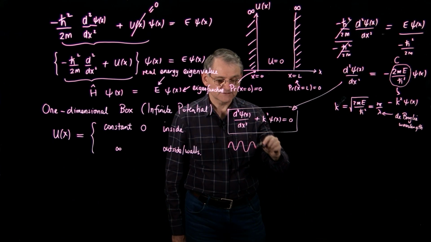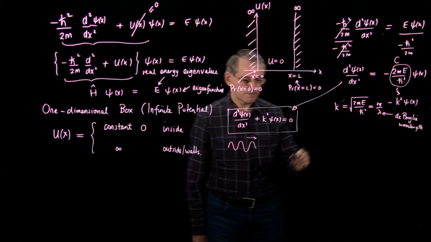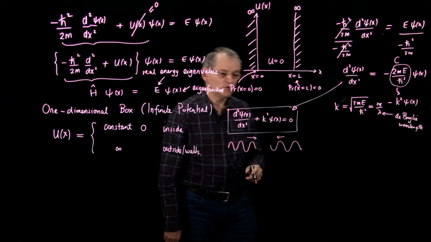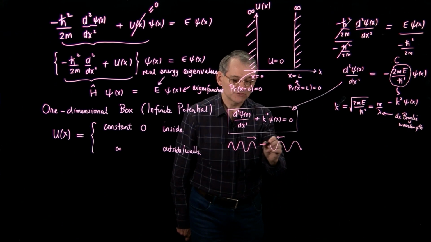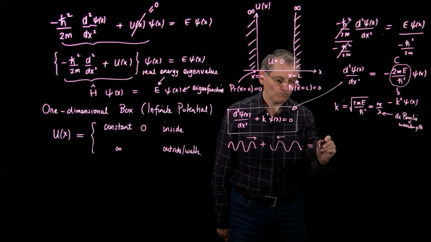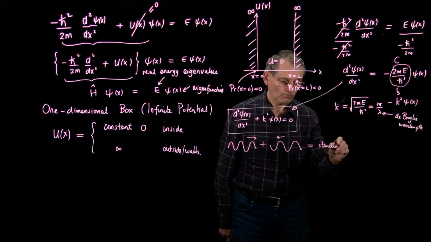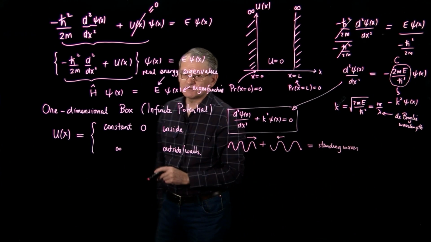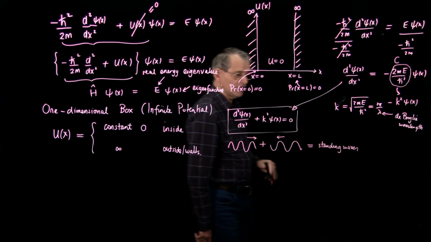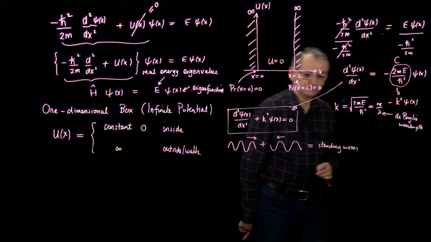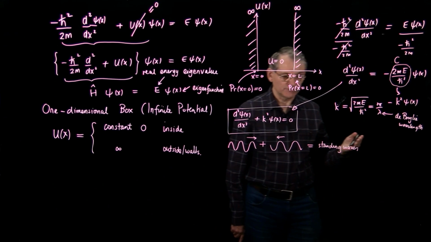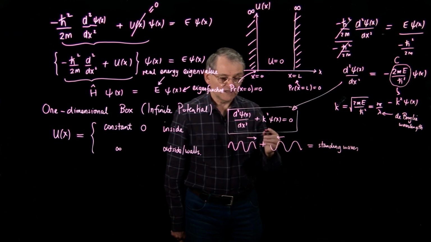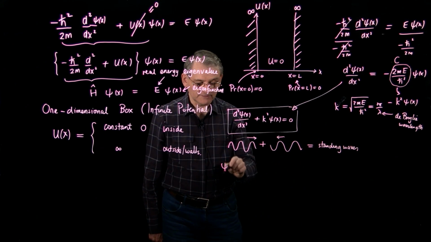Now, we've seen in the workshop that a solution to this would be considered to be a superposition of two waves, one traveling to the right and one traveling to the left. And in fact, you'll get a superposition of these, which will give rise to standing waves. This is similar to the standing waves you get in a vibrating string, or sound waves in a tube. And so a suggested solution would be the following.